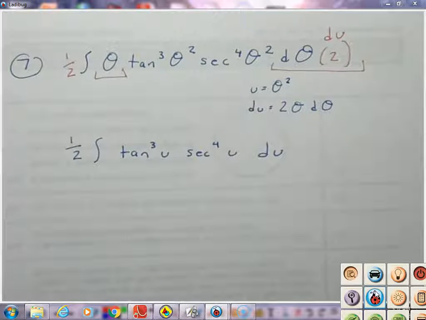What can you break off? You can do a Pythagorean identity substitution, but usually before you do that, you can break something off. What can you break off? That's it. Break off a secant times tangent. So that's what I'm going to do.